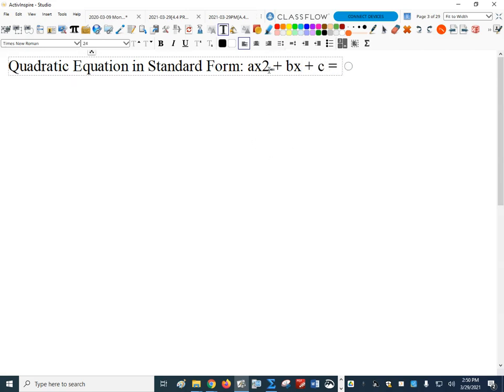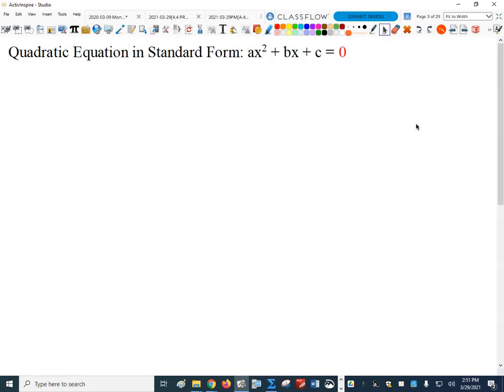That's a quadratic function in standard form from last unit. To make this into a quadratic equation in standard form, we just set the whole thing equal to 0. So a, b, and c are numbers, and it's equal to 0. Any equation that I could write in that form, after doing a little algebra and moving terms around, is a quadratic equation.